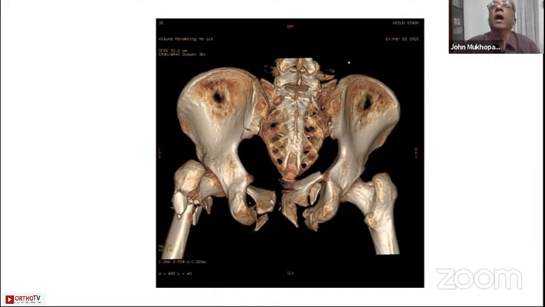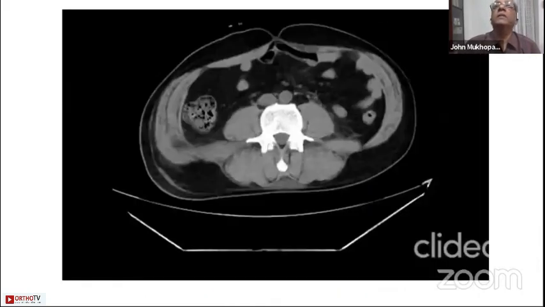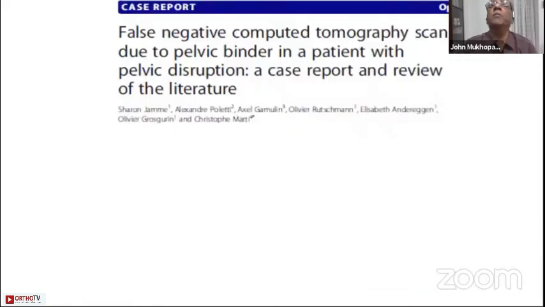So I think I will stop there. Just to talk a little bit about some of the issues with CT scans. One is that today with the use of the pelvic binder, don't rely on your initial X-rays completely.